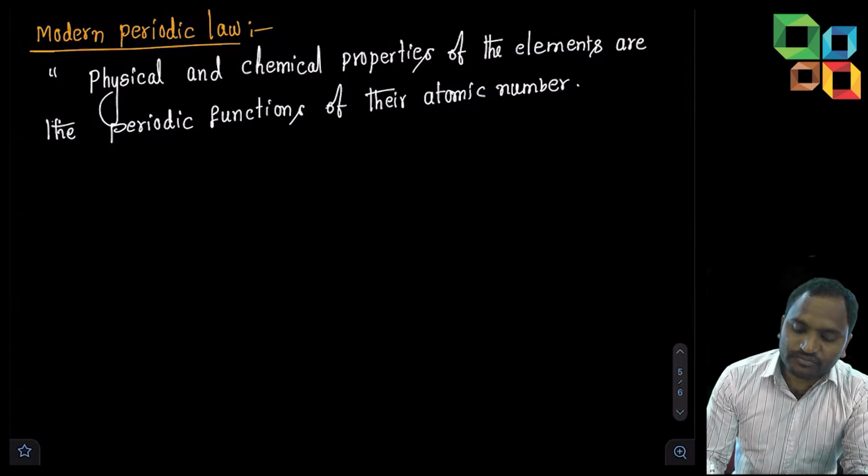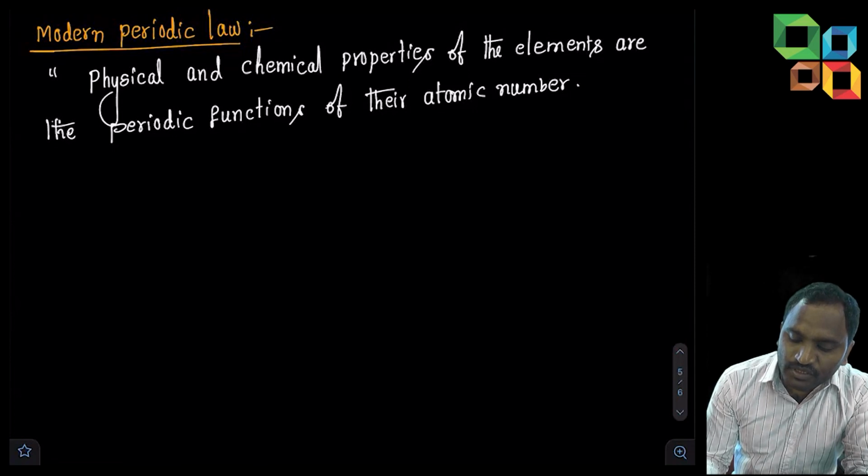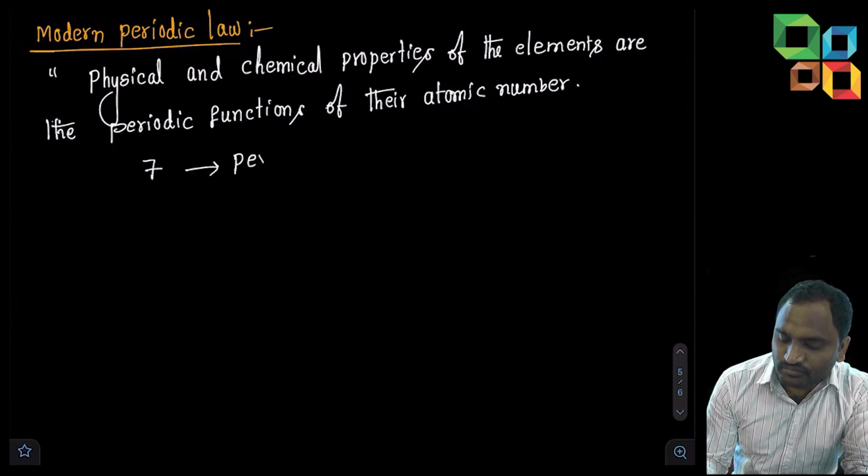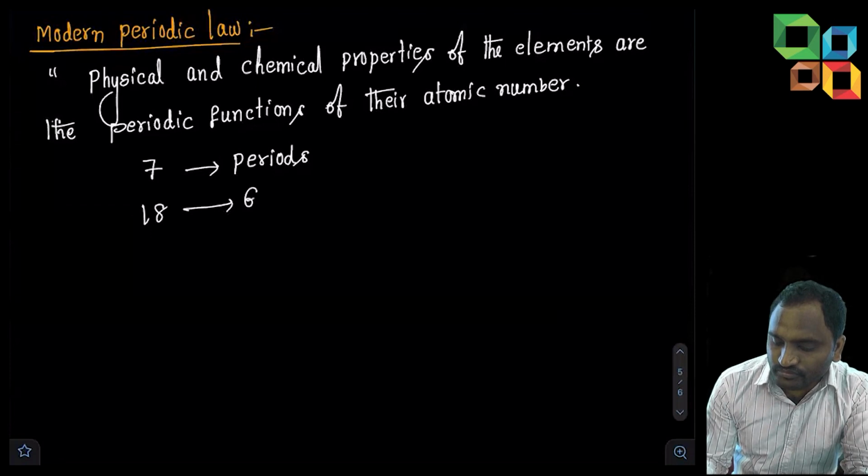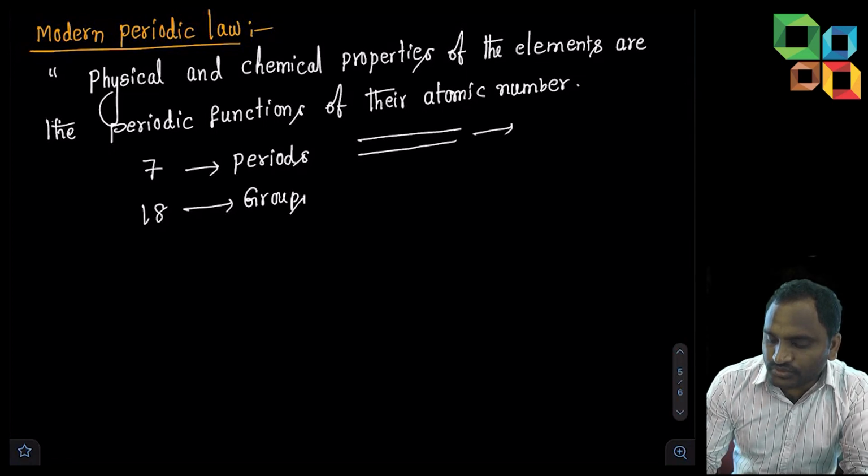So like this, they arranged known elements in 7 periods and 18 groups. These horizontal rows are called periods, and the vertical columns are called groups.